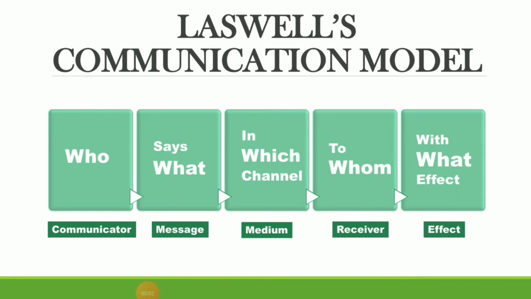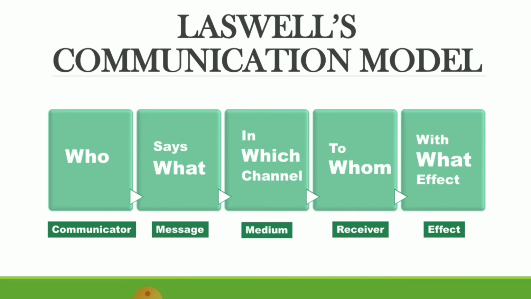Next is Lasswell's communication model. In 1948, Harold Dwight Lasswell described communication as being focused on the following W's: who, says what, in which channel, to whom, and with what effect, as seen in the model.